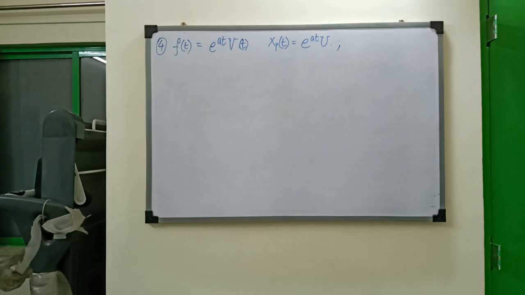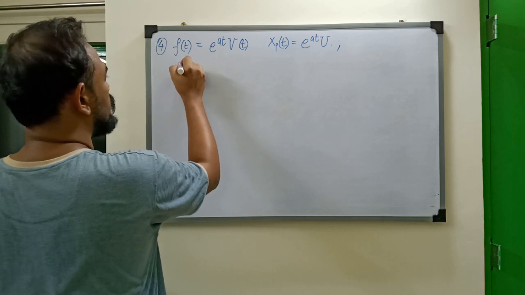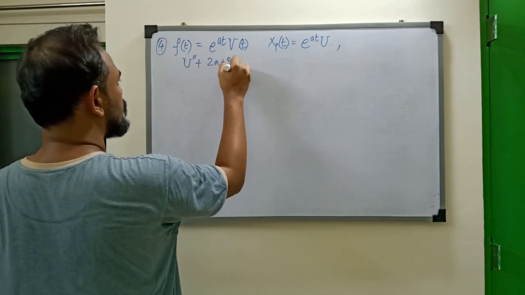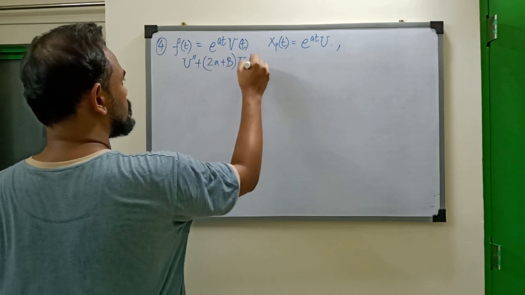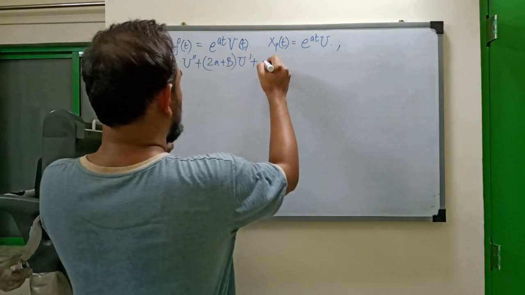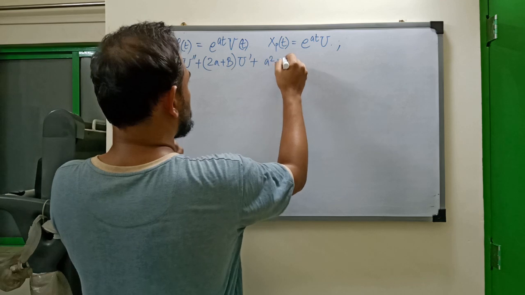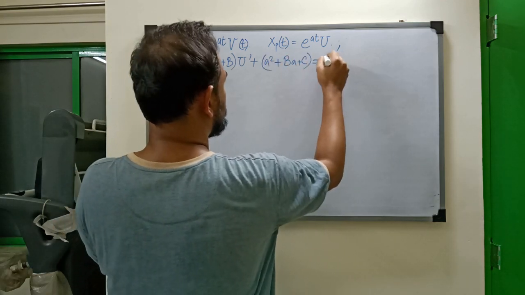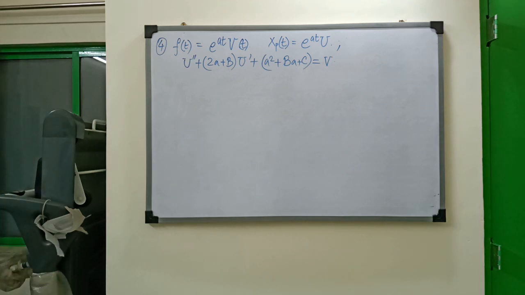We got u from u double prime plus 2a plus b u prime plus a square plus ba plus c equals v. So this was one of the problems.